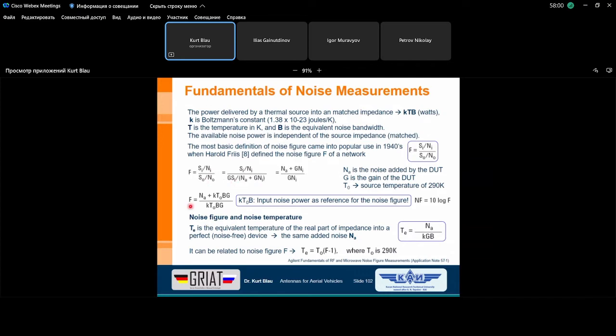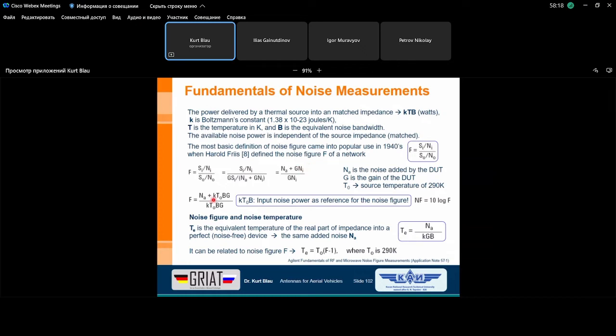It's the same formula as here, but we look more in detail at this part here. This is the power gain of the device under test, and now we can see here what the input noise power is.